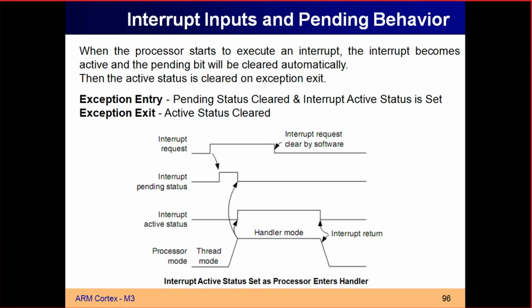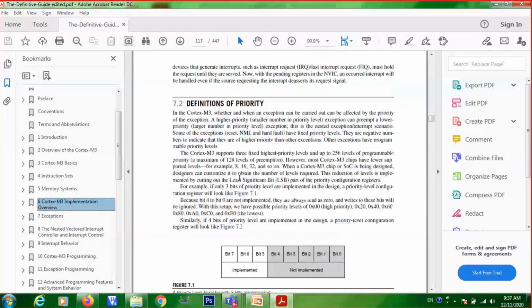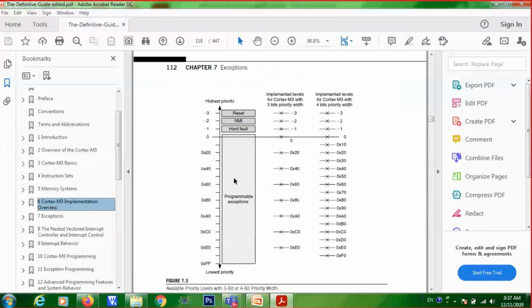Sir, here the interrupt request clear by software refers to our ISR code where we will be clearing that bit, right, sir? No, that is what I told. We are not clearing it. It will be cleared automatically by the processor. This chapter describes the exception handling mechanism in the processor.